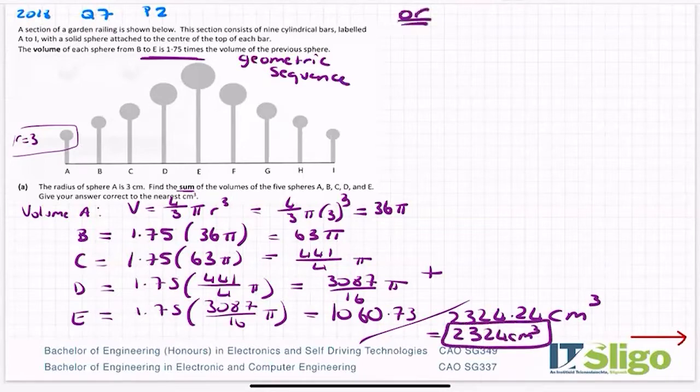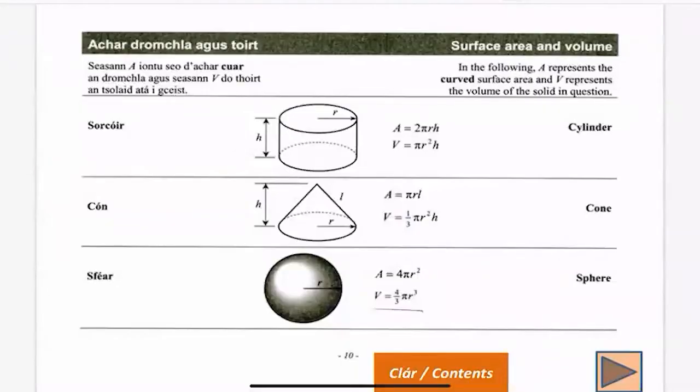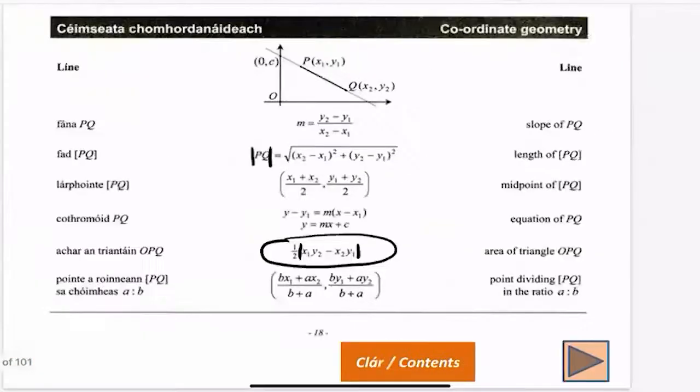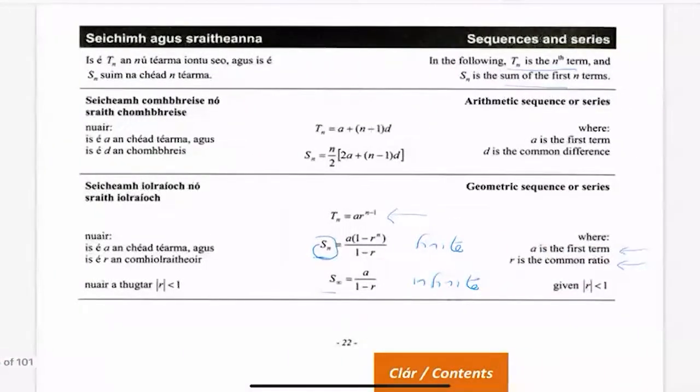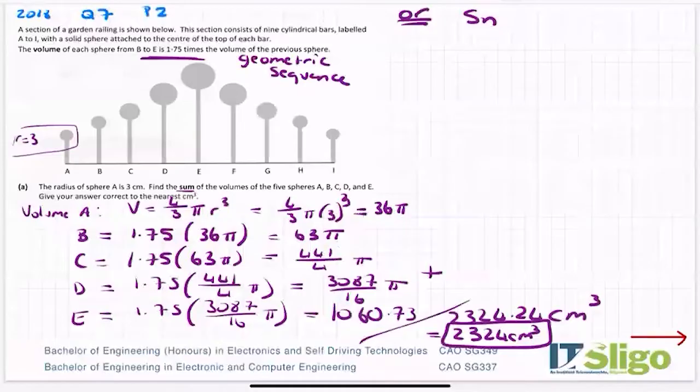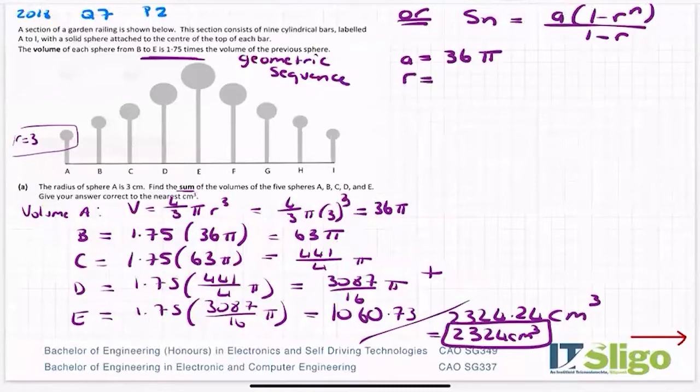Or, of course, I could have used the Sn formula, which is, let me go back to the sequence and series page, a times 1 minus r to the power of n over 1 minus r. So my first term here in this sequence would have been, because I'm summing volumes, 36 pi, and my common ratio is of course 1.75.